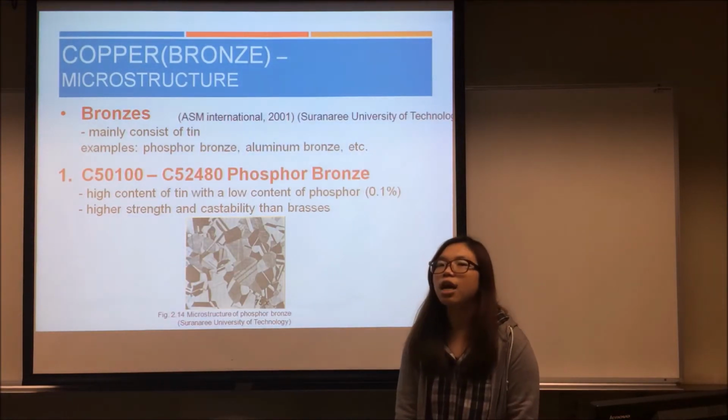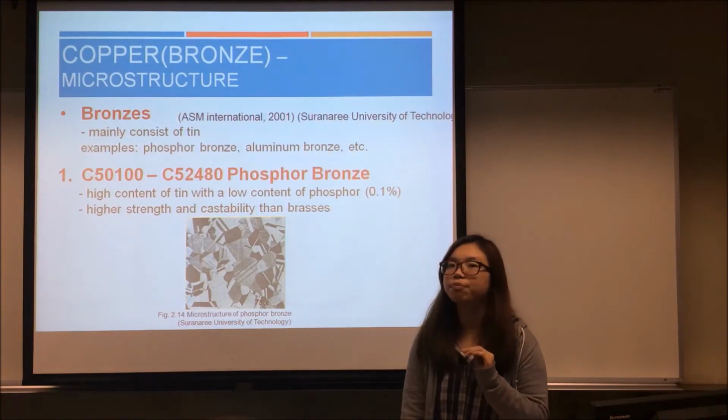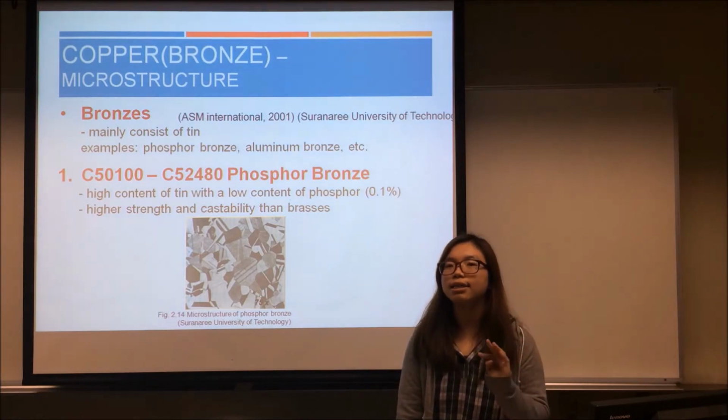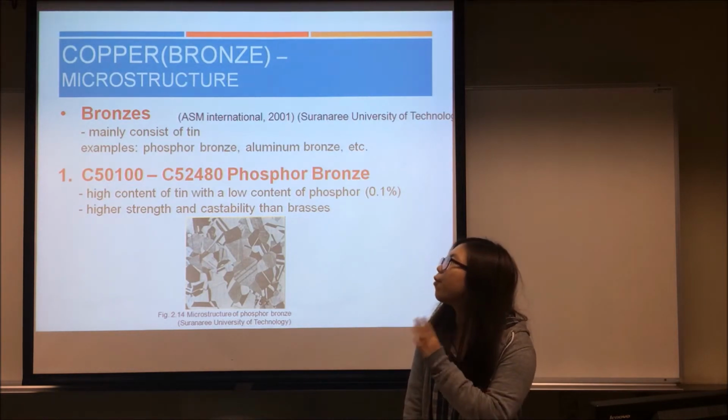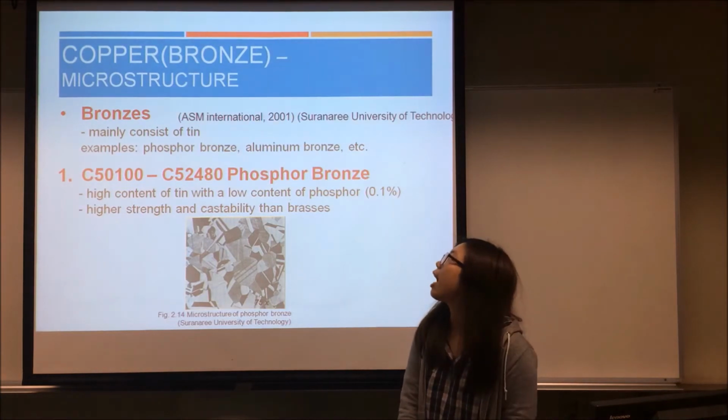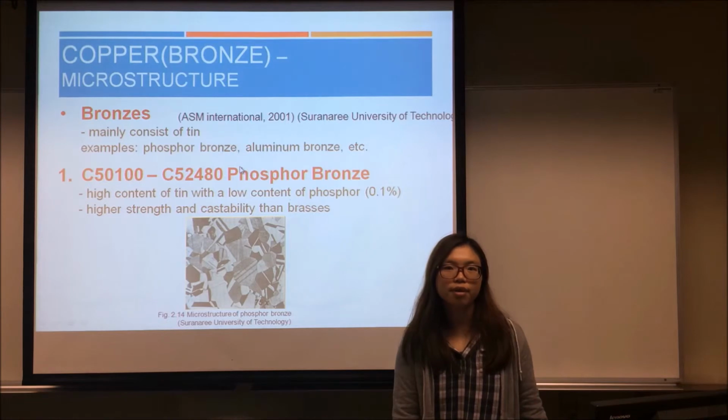Moving to the bronze. Bronze is a kind of copper alloy that consists mainly of tin as its alloying material. There are many kinds of bronze, including the phosphor bronze and the aluminium bronze.